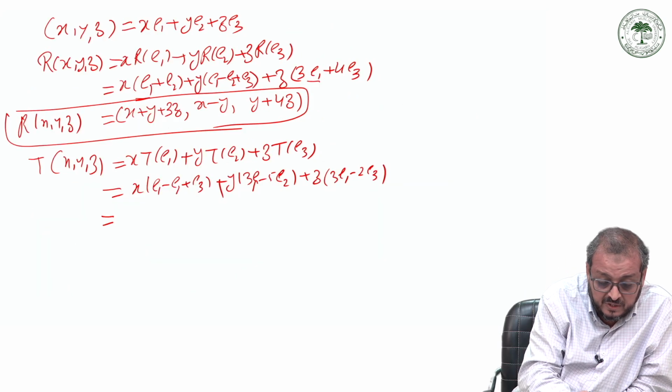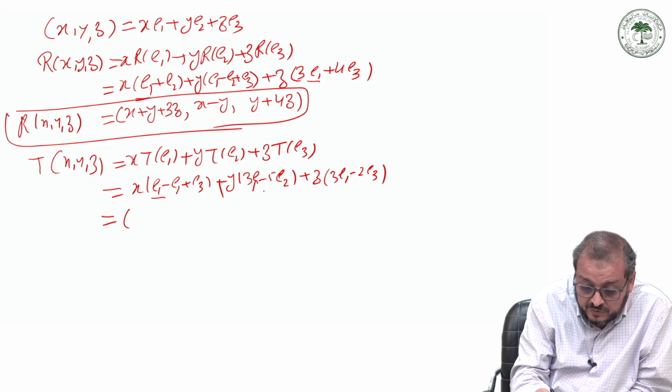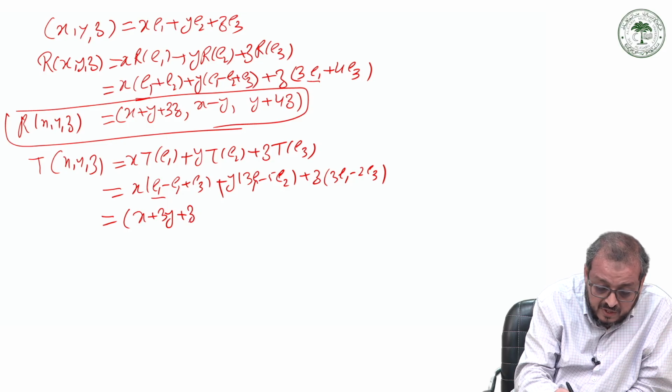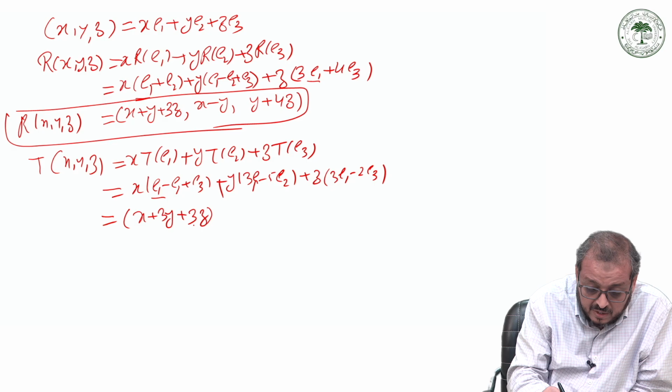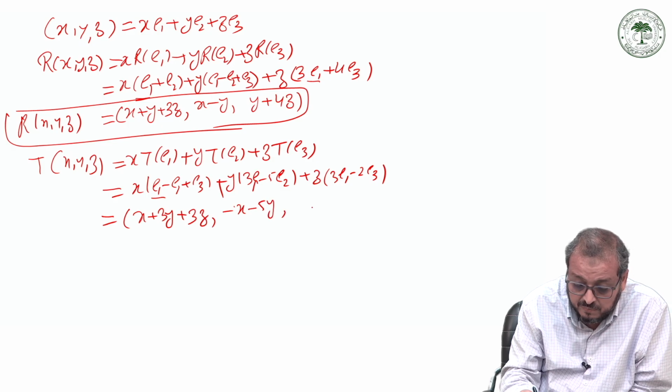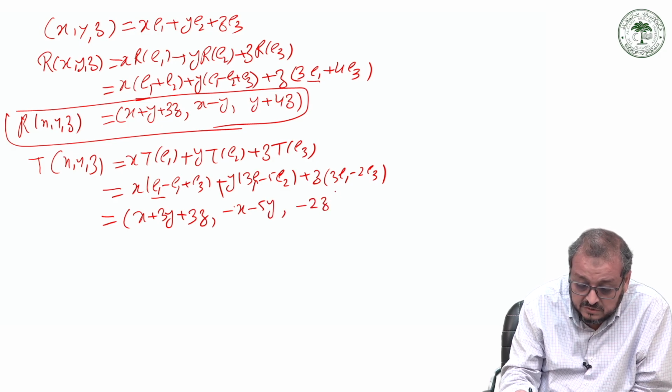Now we can write this in the form where the E1 coefficient is x plus 3y plus 3z, the E2 coefficient is minus x minus 5y, and the E3 coefficient is minus 2z.